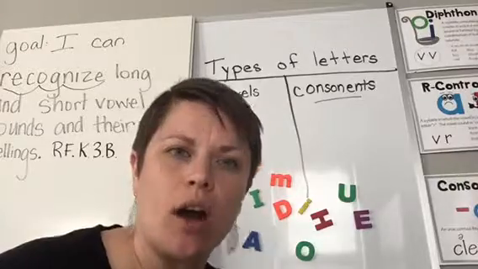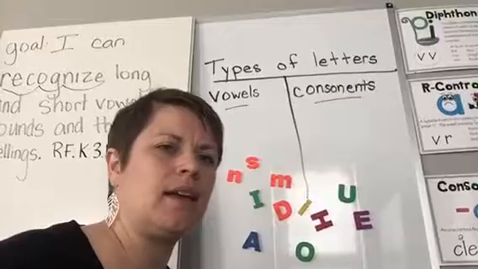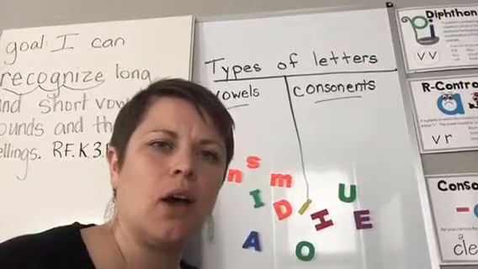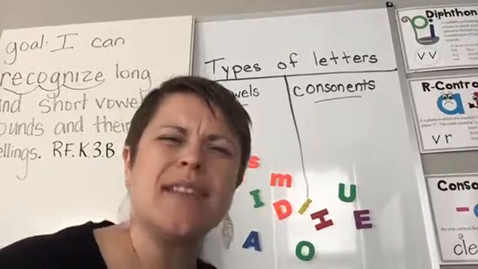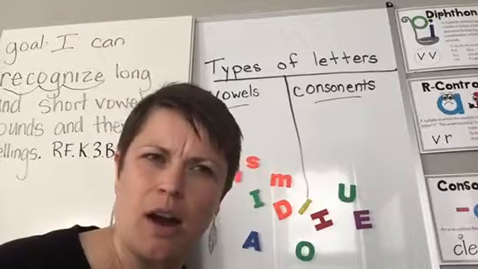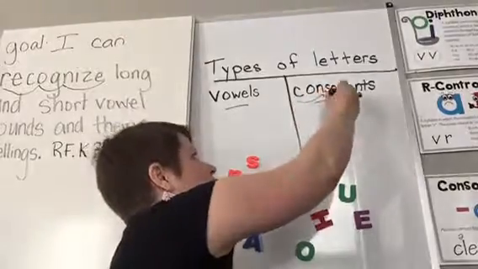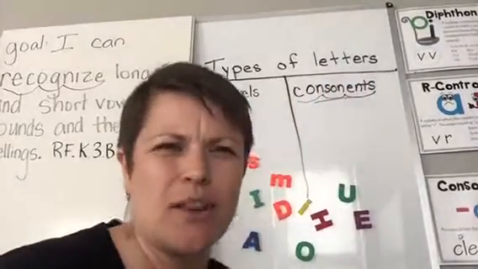Our vowels are A, E, I, O, U, and sometimes Y. All of the other letters are, that's right, consonants.